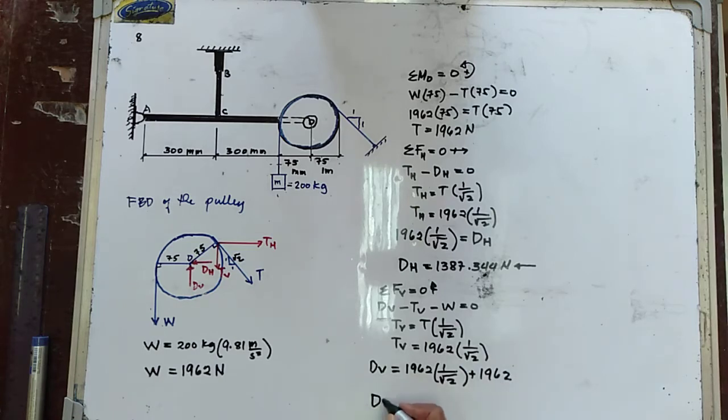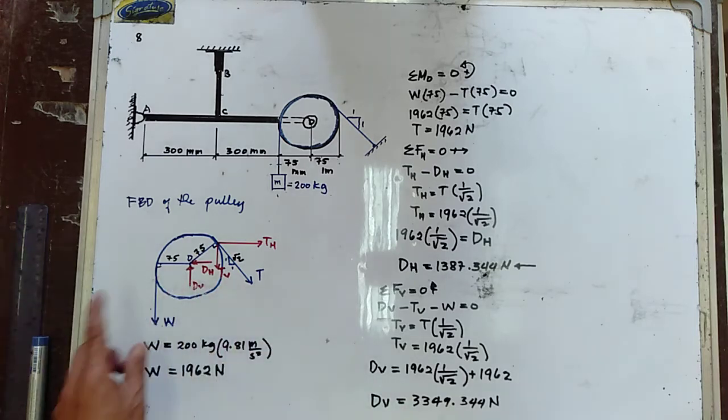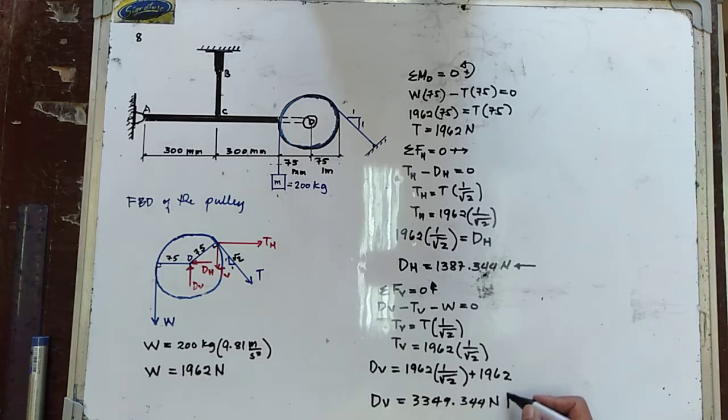Hence, D vertical is equal to 3349.344. So that is the value of the vertical component of the reaction at point D. Again, we get a positive value, therefore this is going upward.